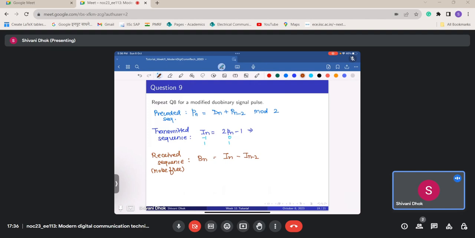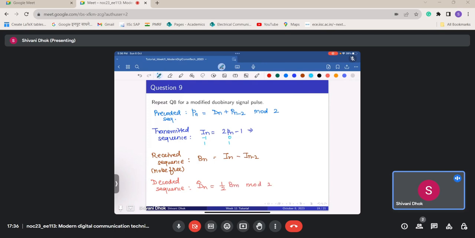So this is what we are having, and then we have your decoded sequence. Your decoded sequence, let's say dn hat, will be equal to half Bn mod 2.